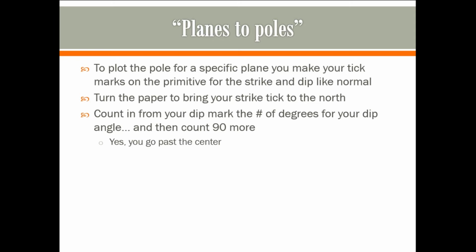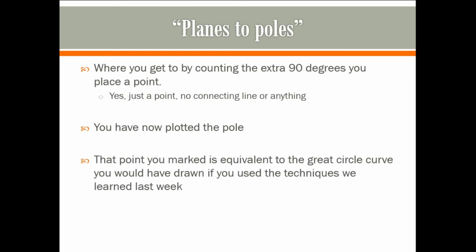So yeah, you'll always go past center, always. If you didn't go past center, recount. This point, no connecting lines or anything else, just that point, is equivalent to one of those great circles that you plotted last week.